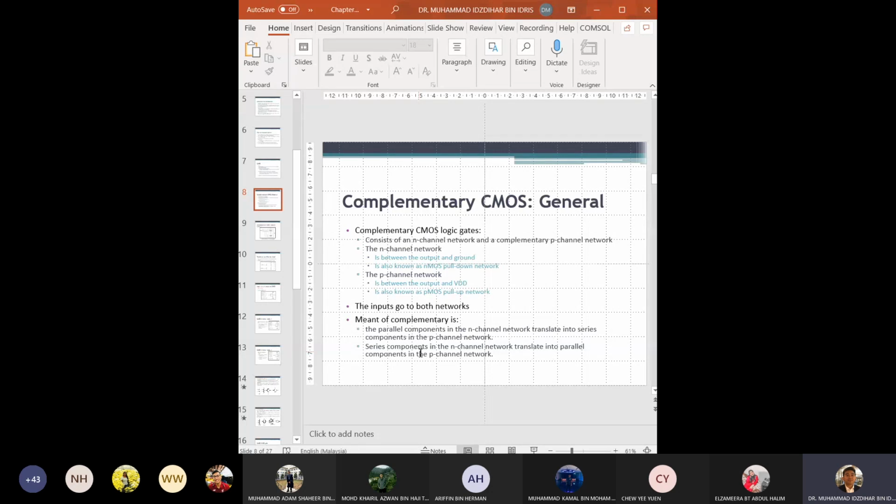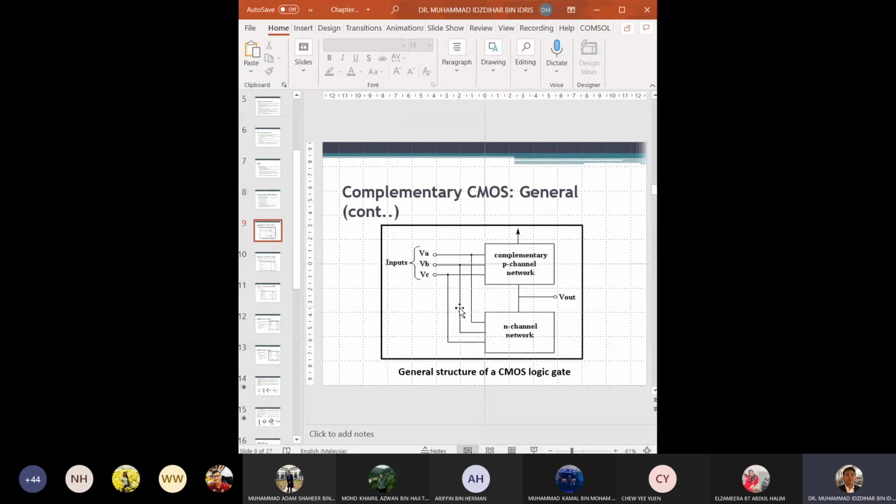So the meaning of complementary here is, let's say when you have a parallel component on the N channel, kalau ada komponen yang bersiri, your P channel akan jadi selari, akan complement. Ataupun kalau dia parallel, the other one akan jadi series. Okay, that is the meaning of complementary in CMOS. Satu lagi, the general structure of CMOS logic gate.